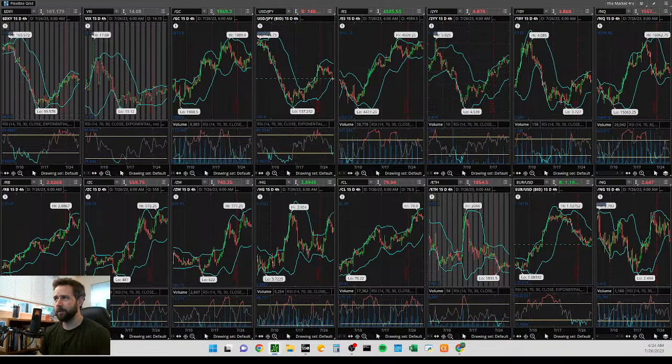It's also telling me plug power. Well, it gapped down, and you are not getting it at the bottom. This is a short for sure. Fundamentally, it's a short, but it is technically bullish. I don't love it. I'm not gonna worry about it.